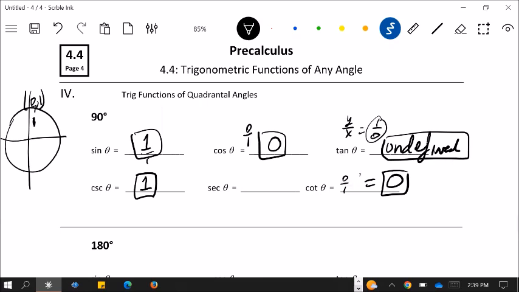Yeah, every number has a 1 underneath it. So if that's a legitimate 0, we put a 1 under it. But then the reciprocal of it would become 1 over 0, and we're not allowed to have a 0 on the bottom. We have to write undefined. Okay, so here are our answers so far.